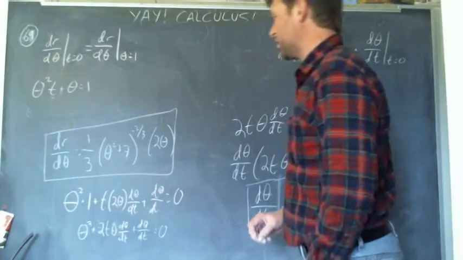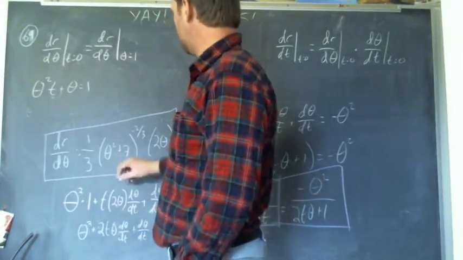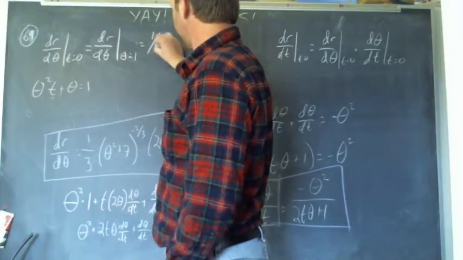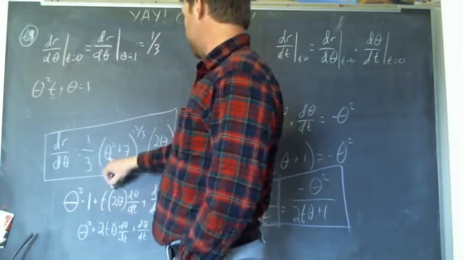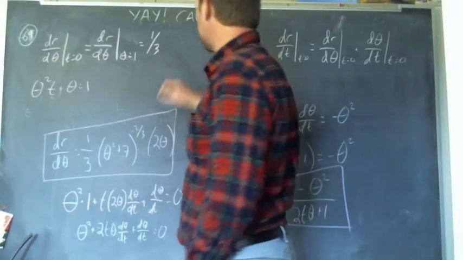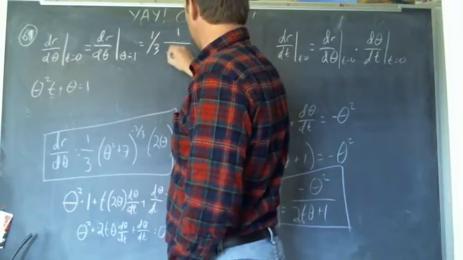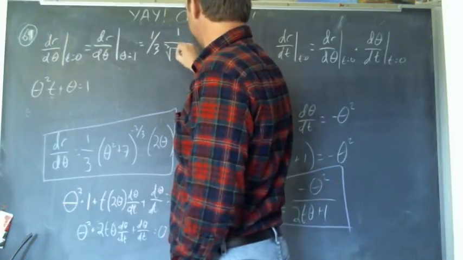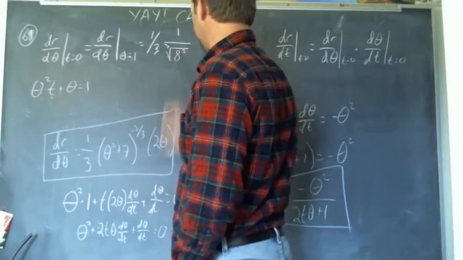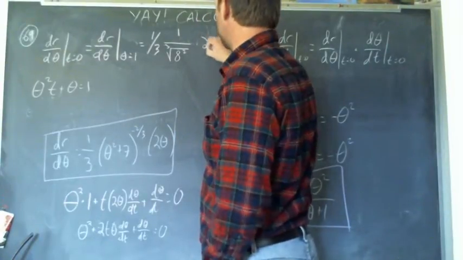So dr/d theta when theta equals 1, now a much simpler problem. So that's going to equal 1/3. Theta equals 1. 1 squared plus 7 is 8. 8 to the negative 2/3 is going to be 1 over the cube root of 8 squared, times 2 theta, or times 2 times 1.